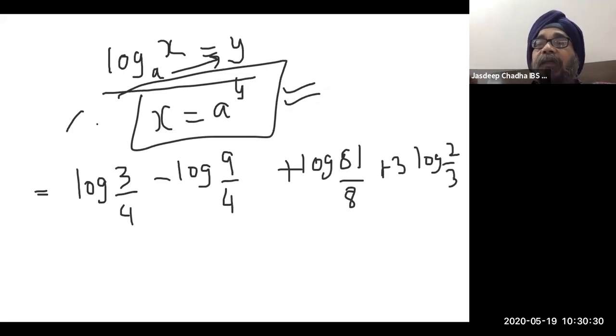I'll just repeat: log 3 by 4 minus log 9 by 4 plus log 81 by 8 plus 3 log 2 by 3. You have to simplify and find out the answer of this.